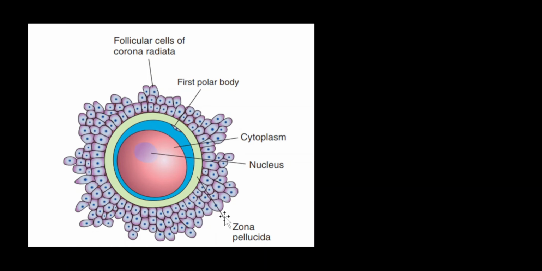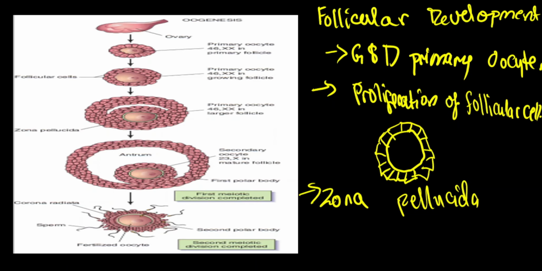So it's this glycoprotein layer around the oocyte. So first of all, we have growth and development of the primary oocytes, then we have proliferation of the follicular cells. Then the zona pellucida is indicated here, the formation of the zona pellucida.